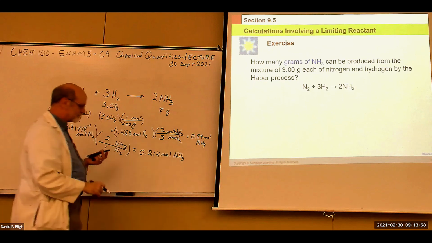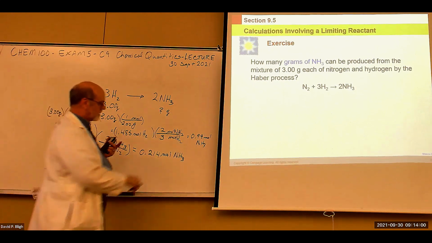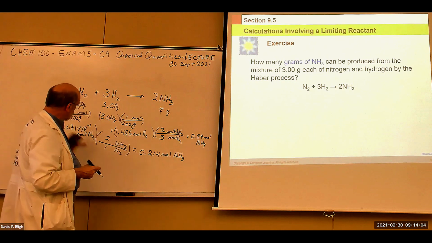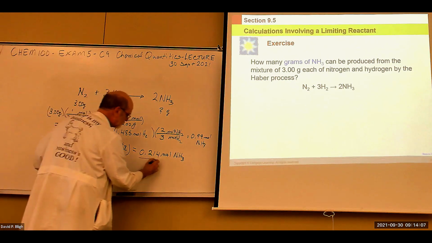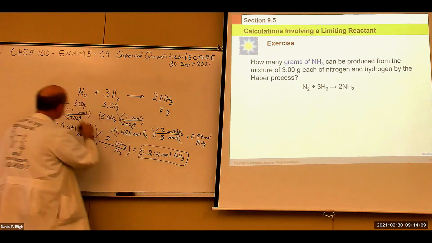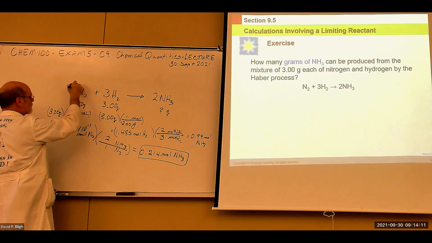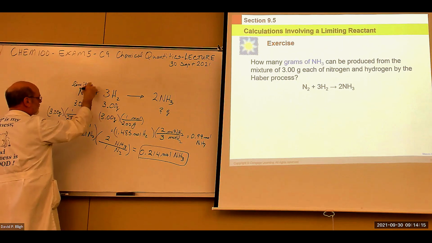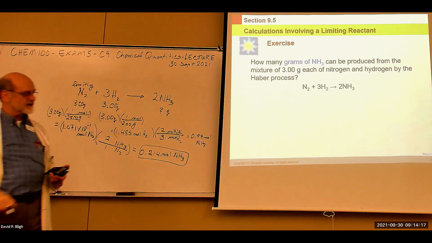Okay? Compare your numbers. 0.99 versus 0.215. This one produces the least amount. So that means nitrogen is limiting and hydrogen is excess.